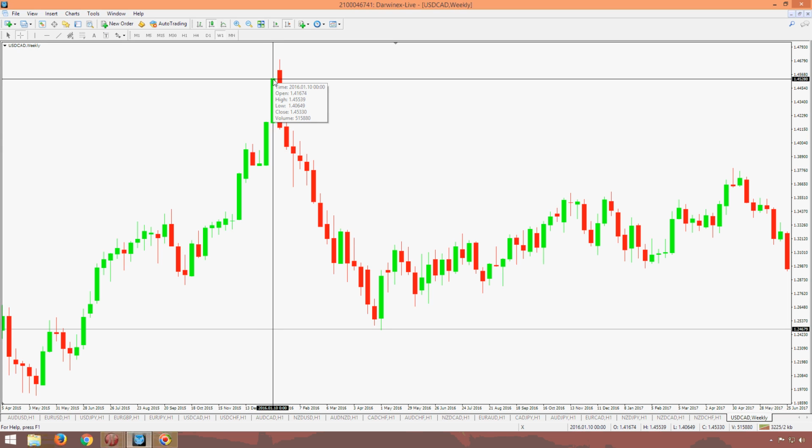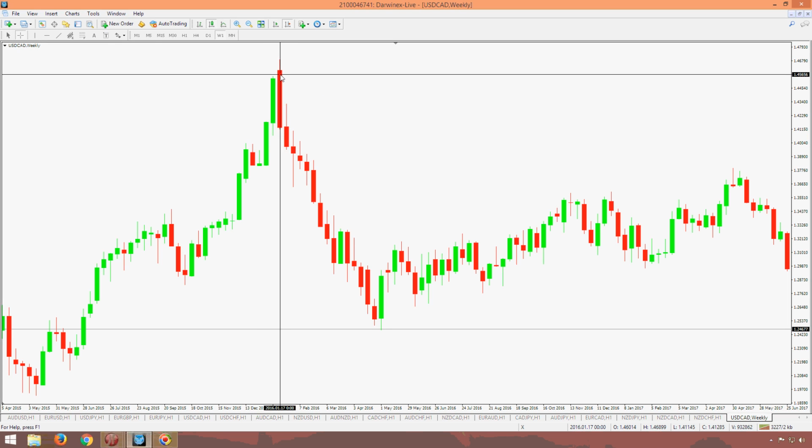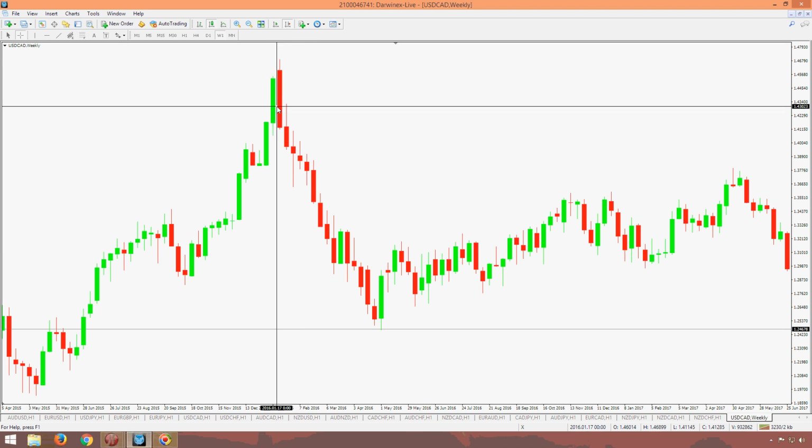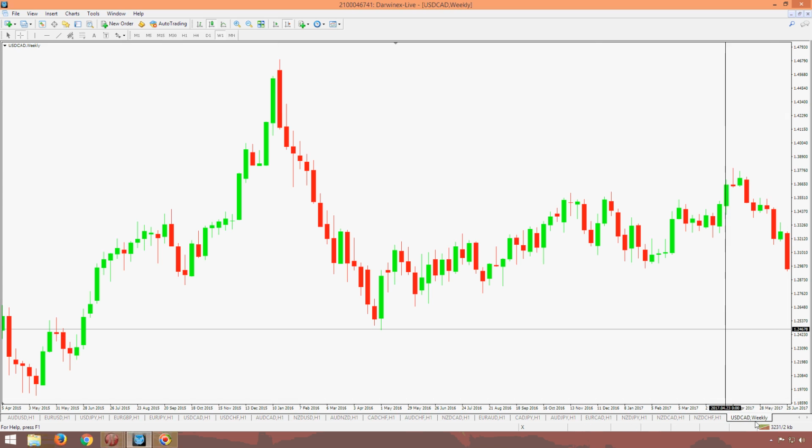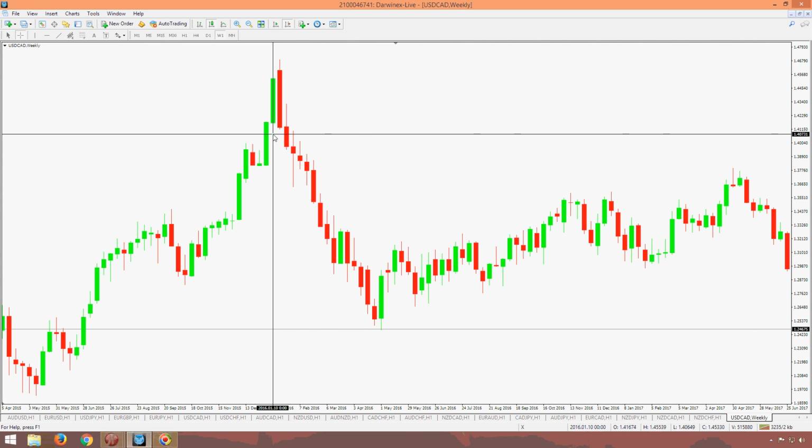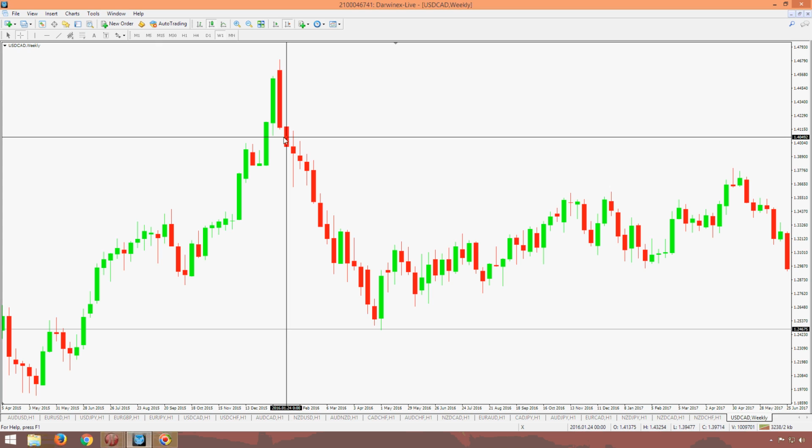At the opening, and this is the opening price of the new candle, you look here at the OHLC, and closing price on the OHLC is 1.4533, and then on the new candle, the opening price is 46.01, which is 48 pips difference.